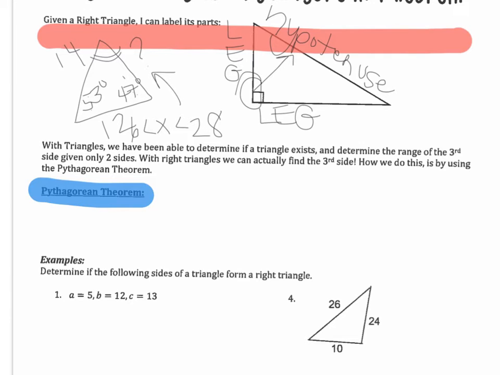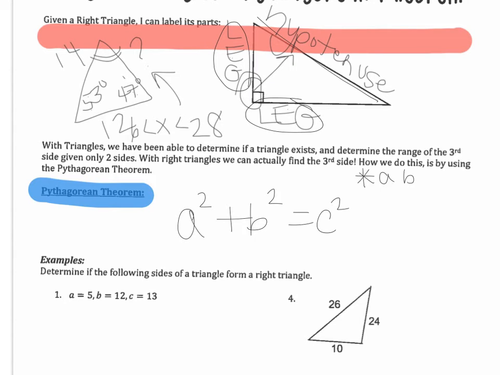But what this theorem tells me is if I take the two sides of a right triangle, so if I were to take this leg and this leg, okay, I can create a relationship to find the value of the hypotenuse. And what this is, they said a squared plus b squared equals c squared, where a and b are the legs, and c is the hypotenuse.